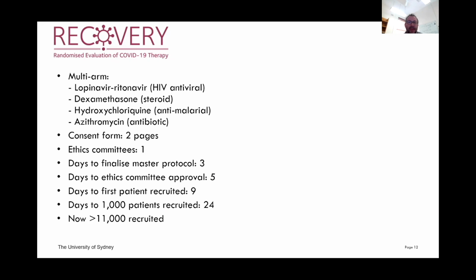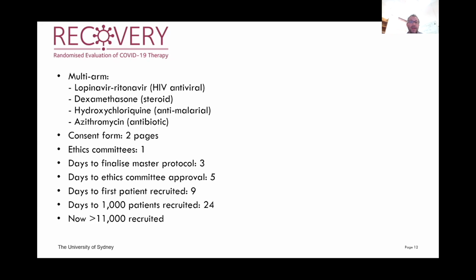So an exception to this, and of great excitement, has been the RECOVERY trial. The RECOVERY platform is a UK-based platform. It's a multi-arm study, so they're not just looking at a single treatment. They're looking at a range of plausible treatments.